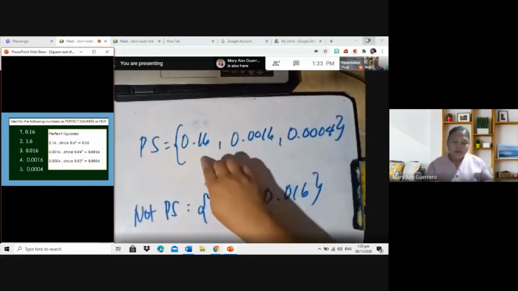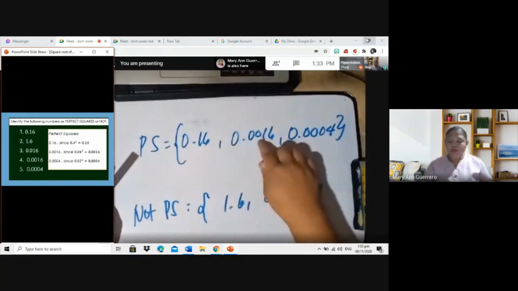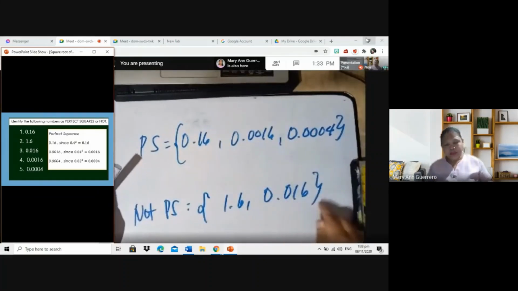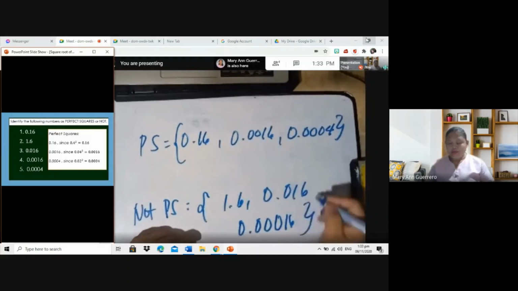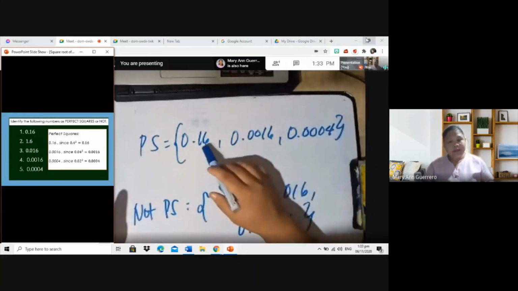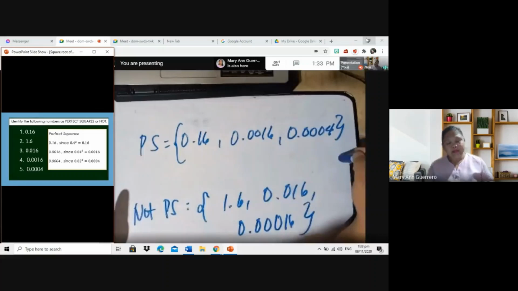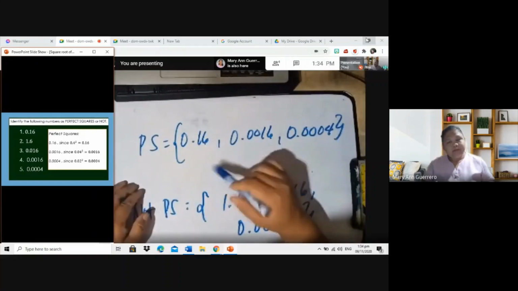Notice that when we count the digits after the decimal point, we have 1, 2, then 1, 2, 3, 4, then 1, 2, 3, 4. Ito naman ay 1, 1, 2, 3. Pwede pa yung maging 1, 2, 3, 4, 5. Not perfect square din yan. Okay? So, kapag ang digit after the decimal point, ang bilang ay 2, 4, 6, 8, and so on, or even number ang bilang, at perfect square yung non-zero digit natin, then perfect square siya.